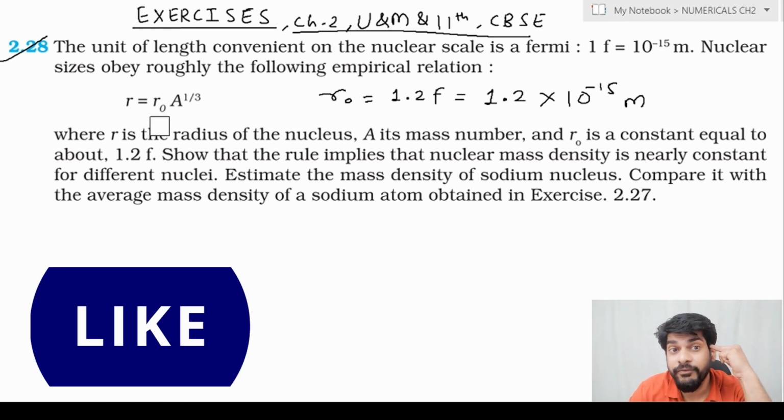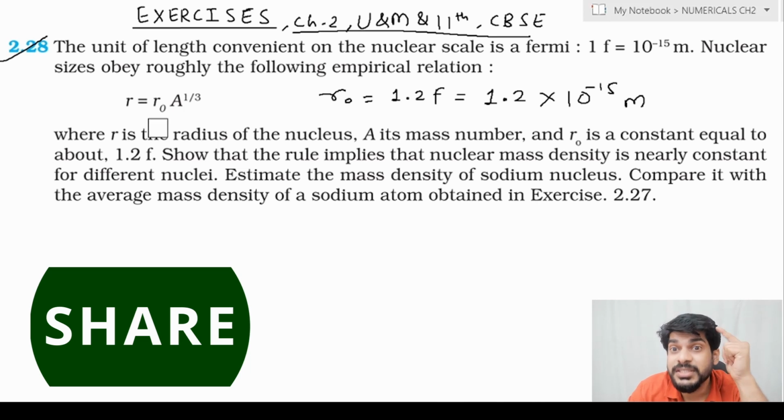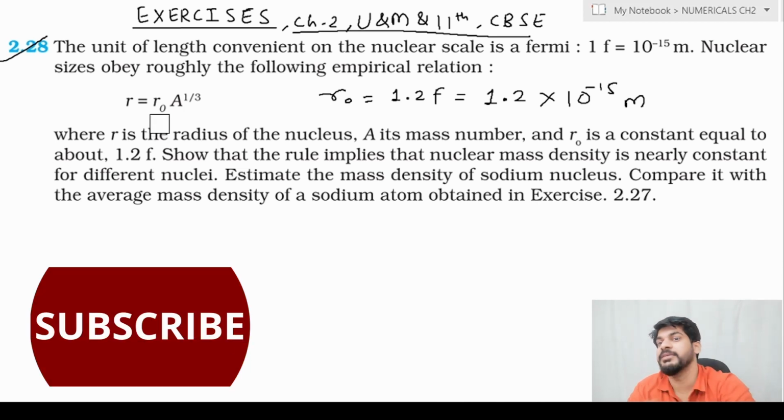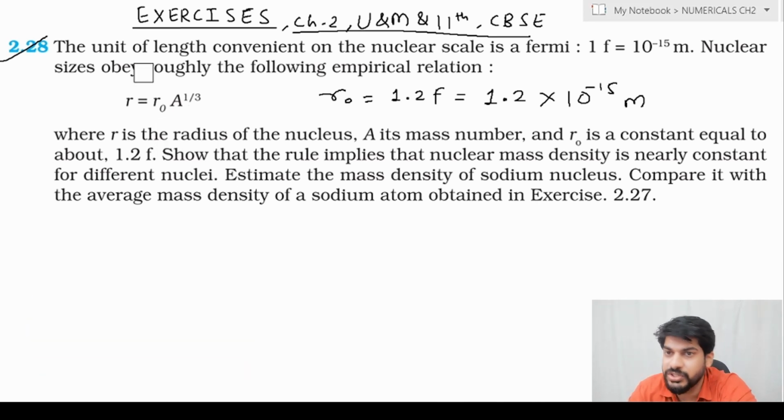Every nuclei has the same mass density. This is what we have to prove from this equation. Then, estimate the mass density of sodium nucleus and compare it with the average mass density of the sodium atom, not nucleus, it is atom. You know the difference between atom and nucleus.